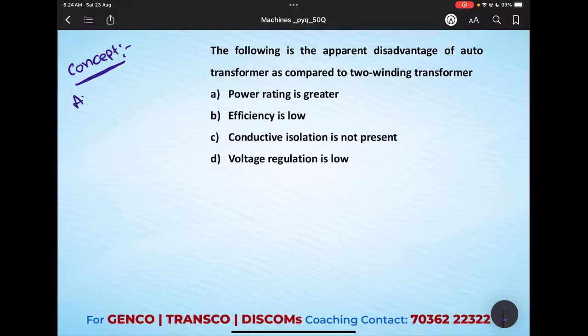The concept is auto transformer. There are some 4 to 5 standard points in the comparison table, and we need to always remember this. Most of the times the auto transformer conceptual questions will come from this comparison statement.